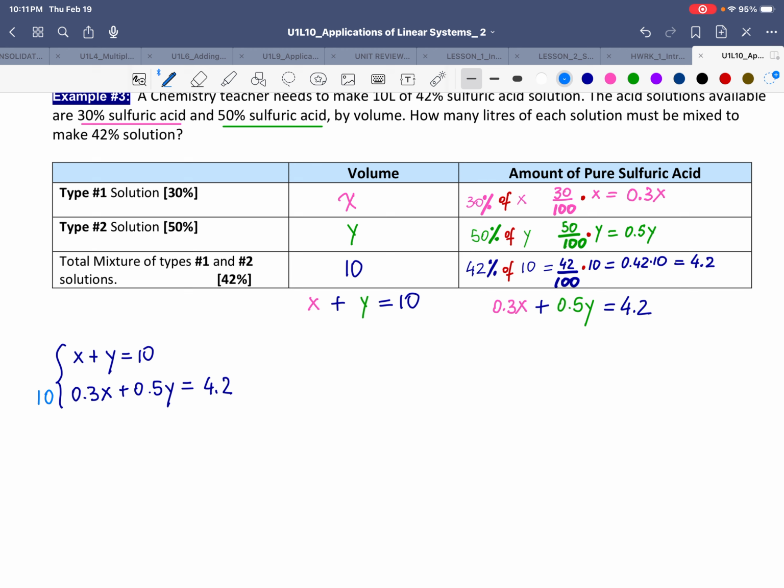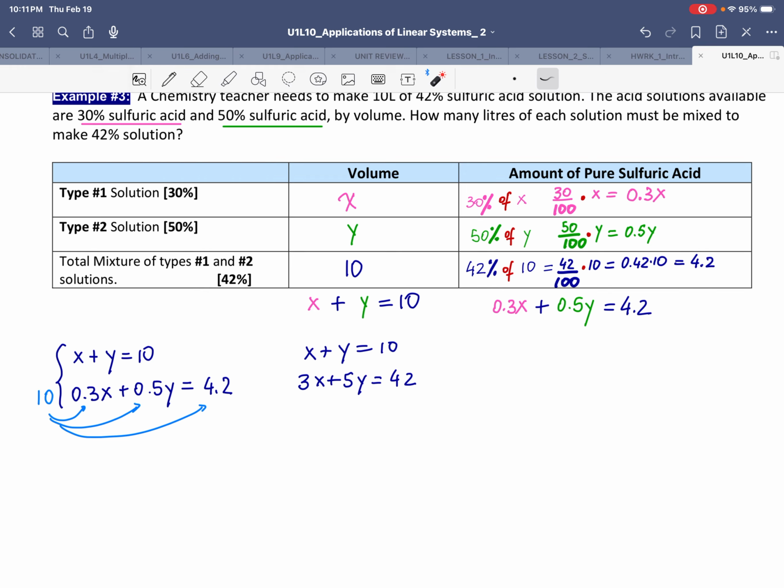And since we have numbers to one decimal, we're going to have to multiply by 10 everywhere. And we'll have x plus y equals 10, 3x plus 5y equals 42. Remember that every single term gets multiplied by 10.